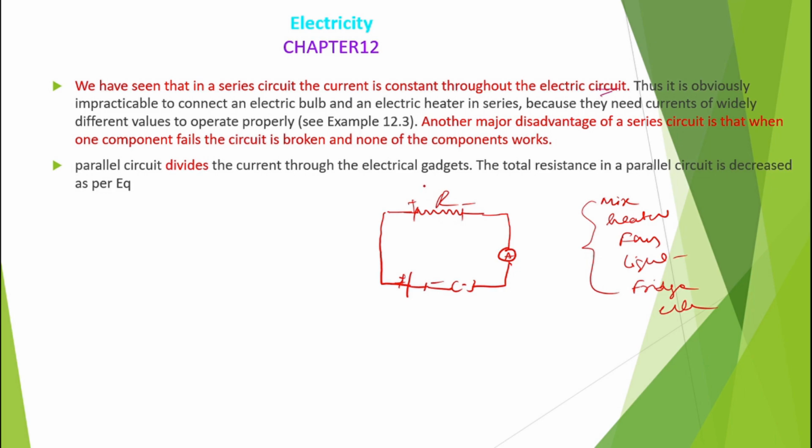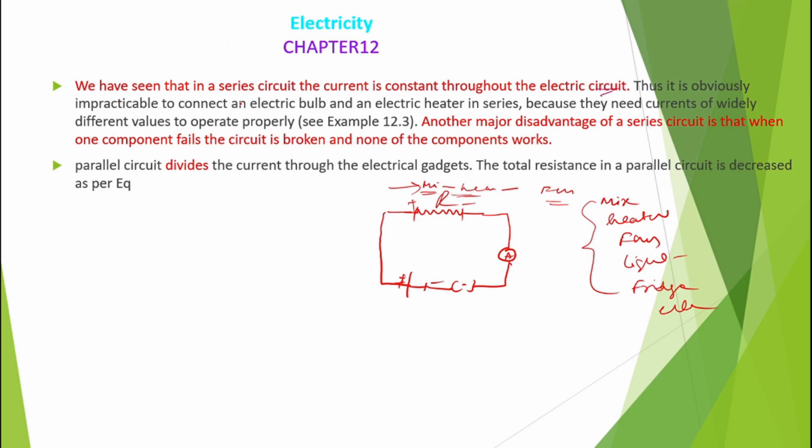First you connect the mixie, from this again the heater, from this again the fan. What is the disadvantage? First the mixie we have connected, now all the energy he will consume. He will not allow current to pass through the heater and the fan. This is the disadvantage.